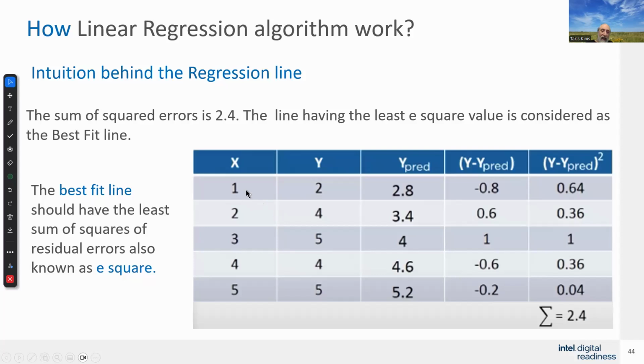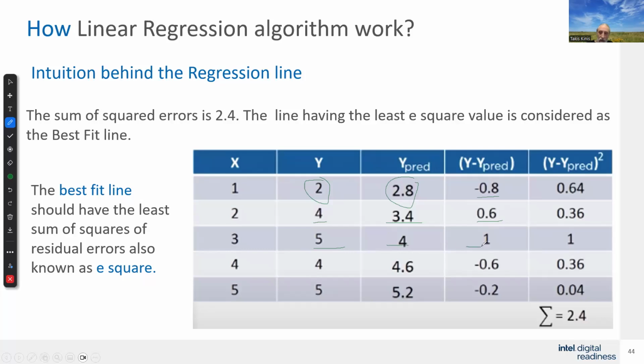Now, if you take a look at the X and the Y that was reported, so this is the actual Y. This is the one that we predicted mathematically. We take the difference of each one of those. So we're taking 2 and 2.8, subtracting it, and we come up with a negative 0.8. And then here's the actual, here's the predicted, that difference is 0.6.